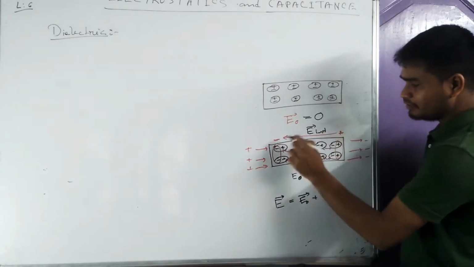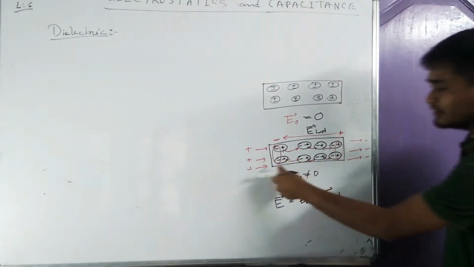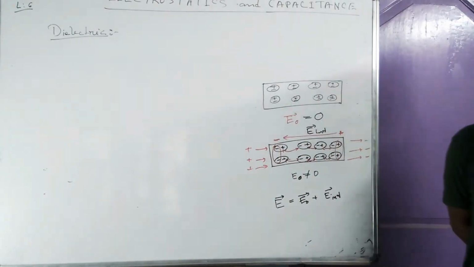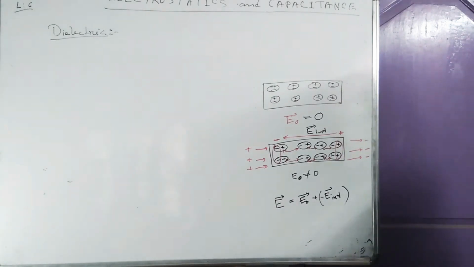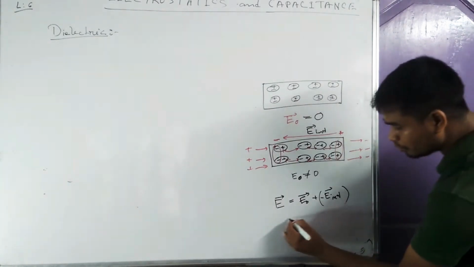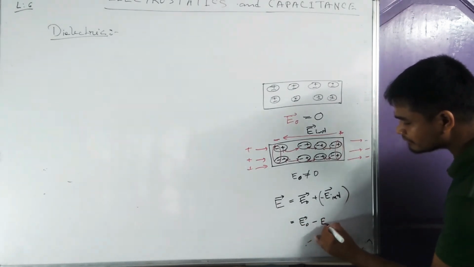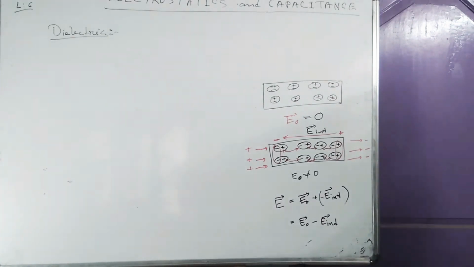But the induced electric field is opposite to the applied electric field. You can see this is the direction of the applied electric field and this is the direction of the induced electric field. Therefore, we have to change its sign. So what is the total electric field? The total electric field is E naught minus E induced. Clear?